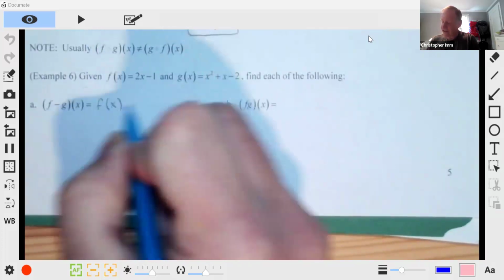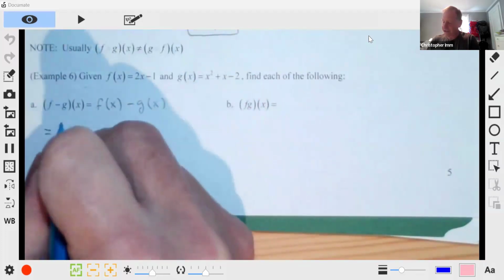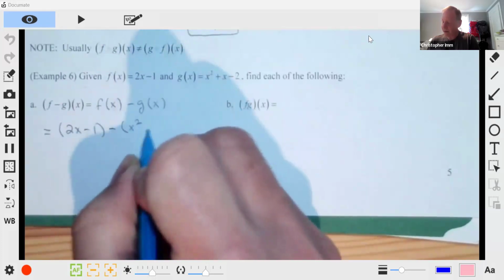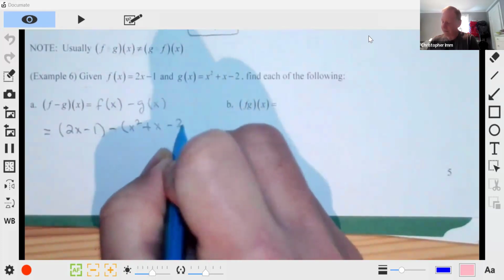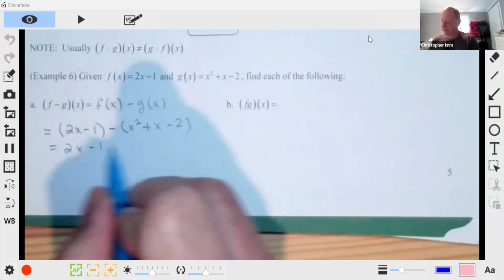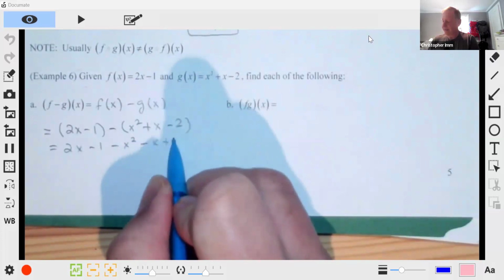F of x minus g of x. Plug in those functions, 2x minus 1 minus x squared plus x minus 2. Be sure to distribute, right? So 2x minus 1 minus x squared minus x plus 2.